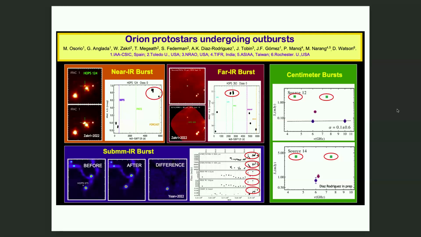These changes can occur at submillimeter wavelengths, as shown in the case of HOPS 363. Finally, the green box shows a couple of examples of variability in the centimeter region, indicated by sudden peaks in the SEDs obtained from data taken at different epochs. This variability is probably due to non-thermal emission, such as synchrotron emission, indicative of magnetic activity very close to the stellar surface. Thank you.